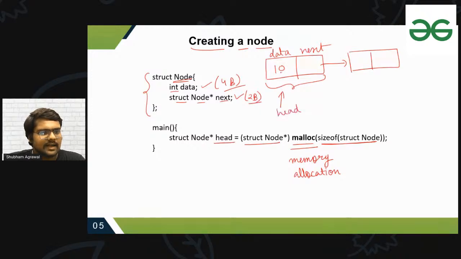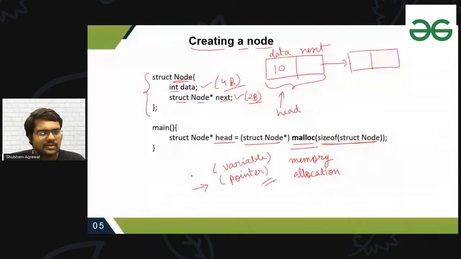To access a structure member, we have to use the dot operator if it is a variable, and we have to use the arrow operator if it is a pointer. We have seen this when we studied structures.